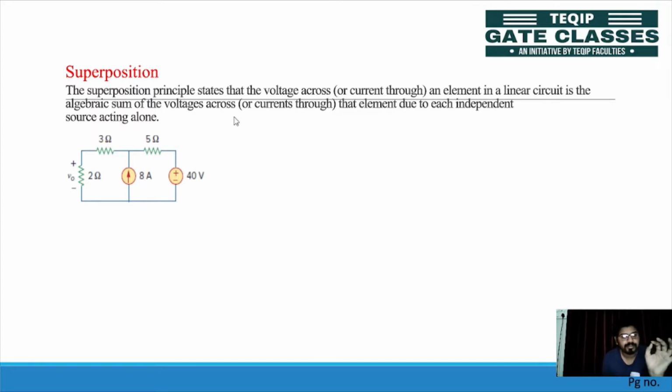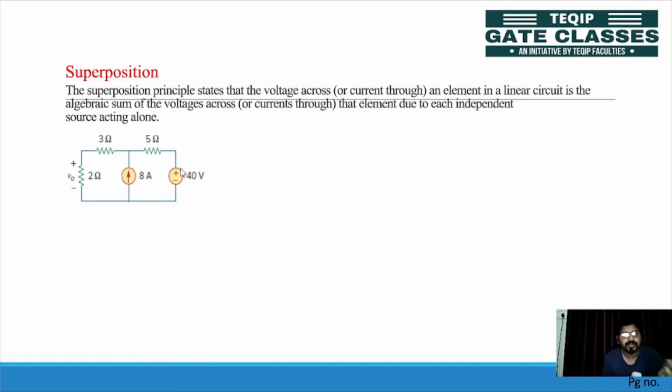You have to understand that if we want the voltage across or current through any element, then we have to calculate the voltage across or current through the same element with one source acting at a time, and then we'll take an algebraic sum of the effect of all sources acting individually.